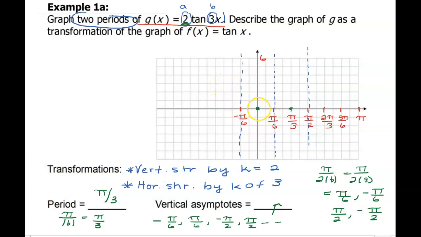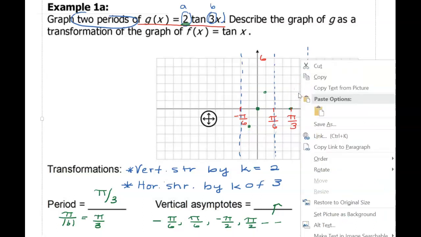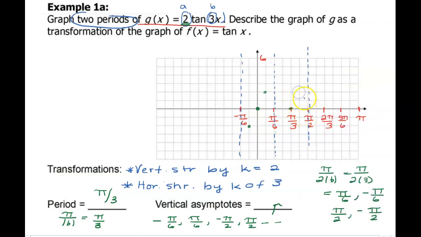So that means halfway between where I cross and my asymptote, my y value is 2. And the other halfway here, my y value is negative 2.